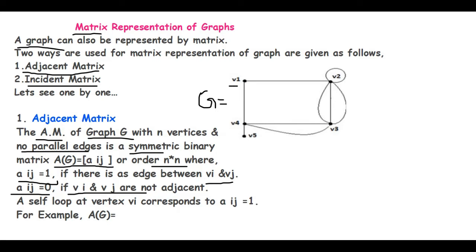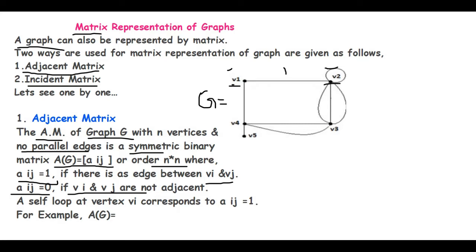So which means here the adjacent vertices are V1 and V2, and suppose V of i is V1 and V of j is V2, for example, then since it has an edge, it can be taken as A of ij in the matrix representation, and you can represent it as 1.